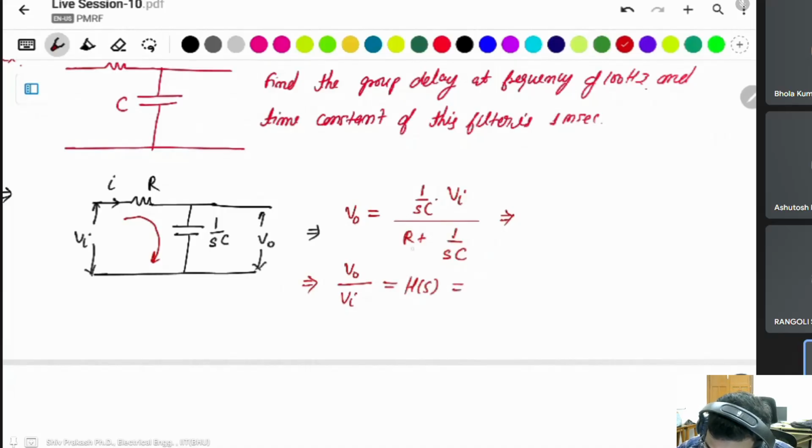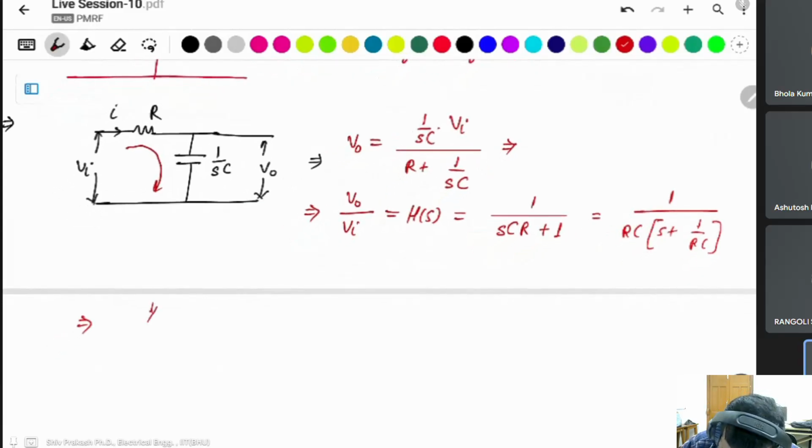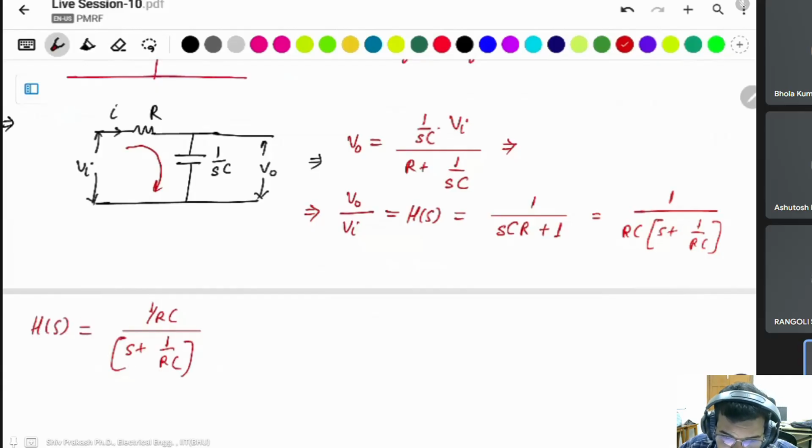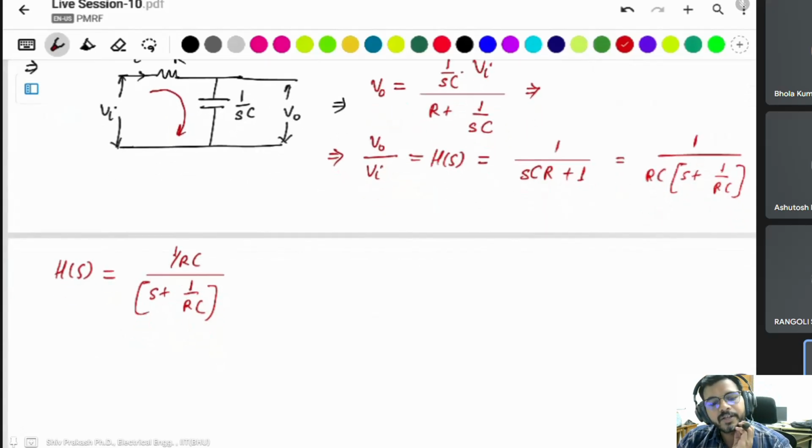If you solve this, it will be 1 by (SCR plus 1). Taking RC common, this gives (1/RC) divided by (S plus 1/RC). This is the transfer function of this filter.